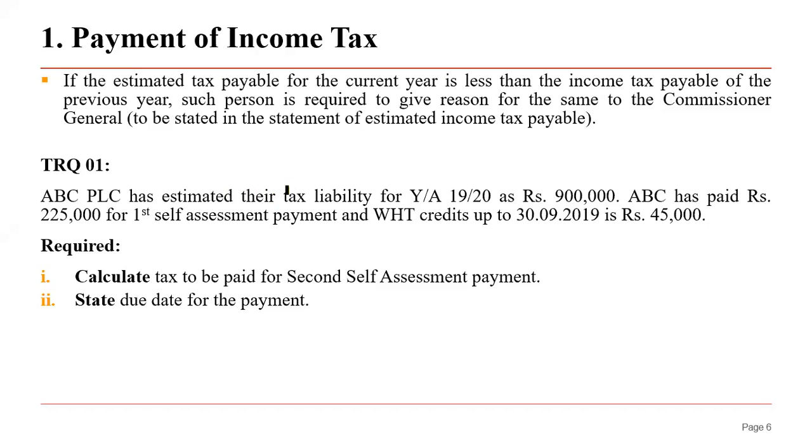ABC has estimated their tax liability for the year of assessment 1920 as 900,000. ABC has paid 225 for the first installment, and the withholding tax credit up to 30th September is 45. Then calculate the second installment, the second self-assessment payment.